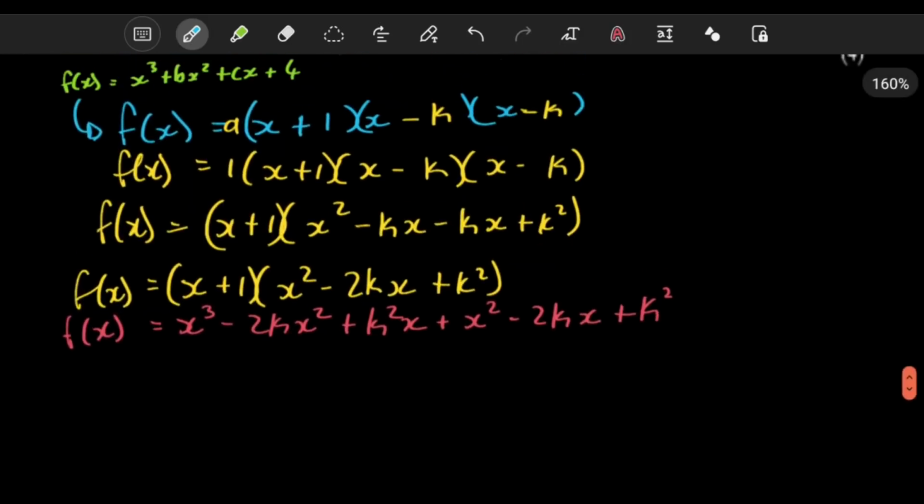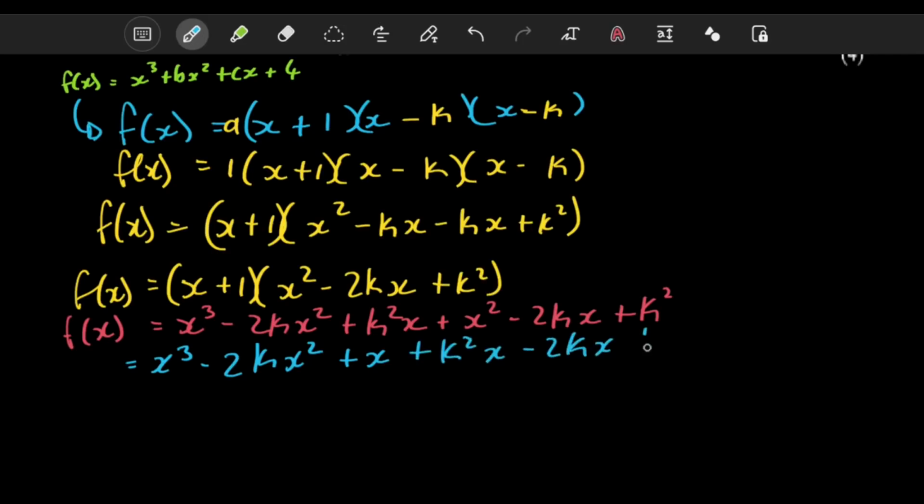This x to the power of 3 is on its own, but the stuff that has x squared, you have 2 of them. So let's put those together, 2k x squared, and this x squared. The stuff that has x, let's put that together, and the stuff that does not have x, let's leave on its own. That's k squared.